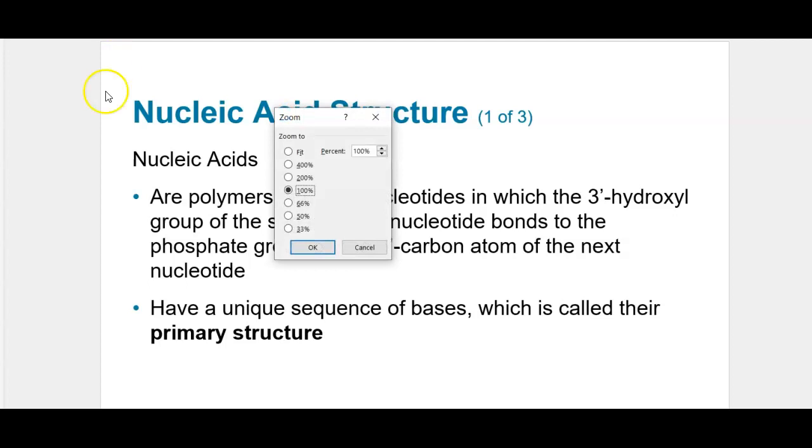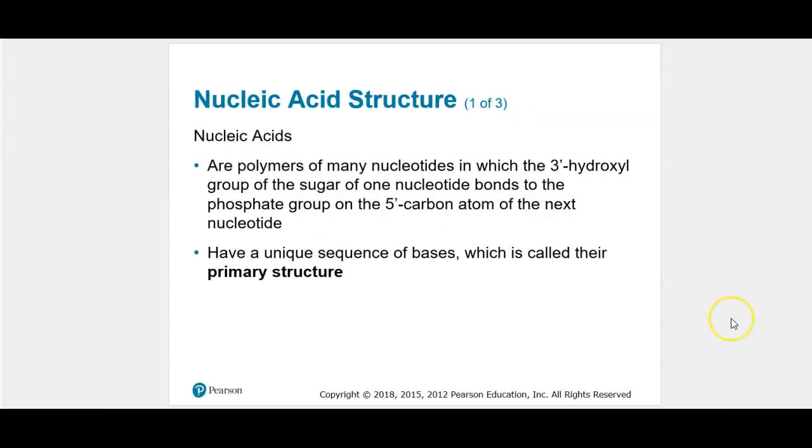They're really big molecules. The sequence of bases is unique. It's called their primary structure. So just like proteins, nucleic acids have a primary structure, and they actually have a secondary and tertiary structure as well, which is comparable to what you see in proteins.